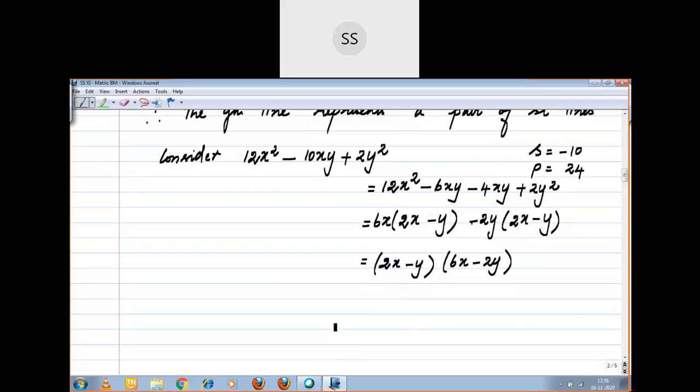Right. Now you are going to add an arbitrary constant on the right side in both the factors. You did the factorization.